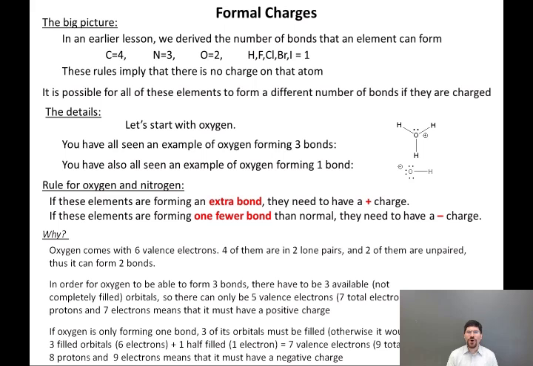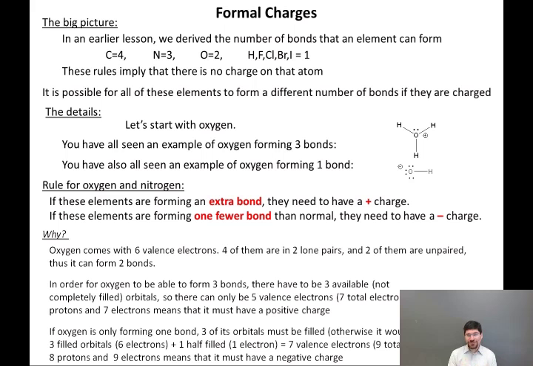If oxygen is forming only 1 bond, that means 3 of its orbitals must be filled. If it had 2 available orbitals, it would form 2 bonds. Oxygen would like to be neutral and would be happiest if it could form 2 bonds.